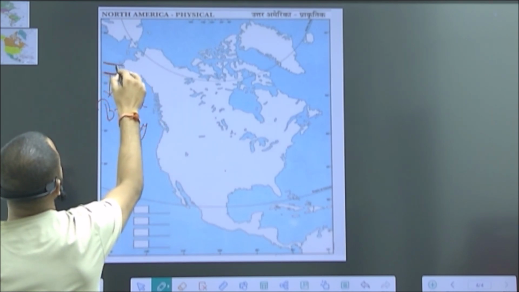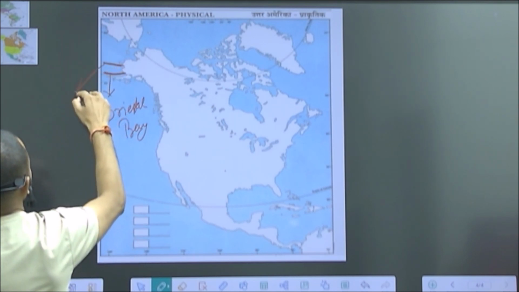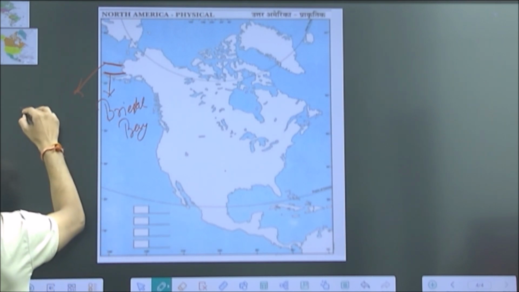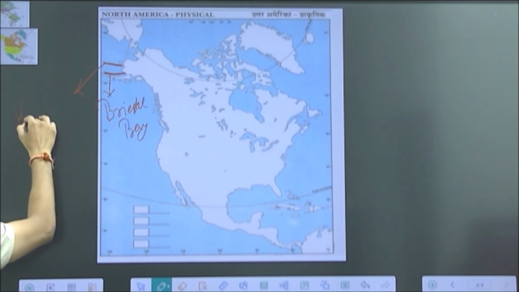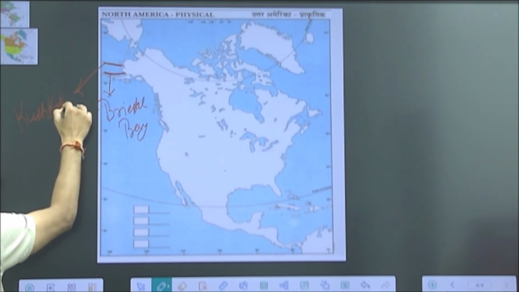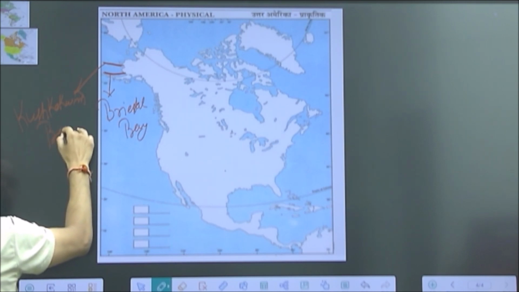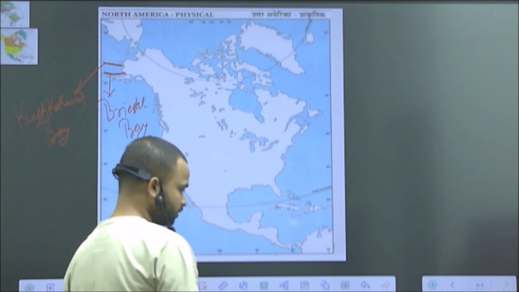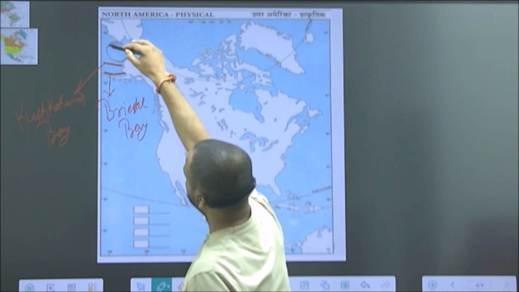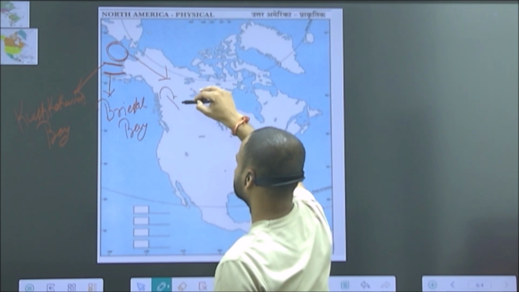In the northern region of Bristol Bay, another bay is situated, which is known as Kuskokwim Bay, and on the northern side of Kuskokwim Bay is Bering Sea.